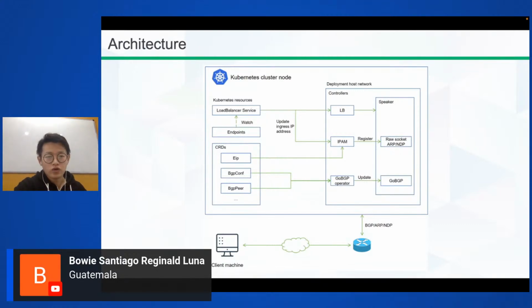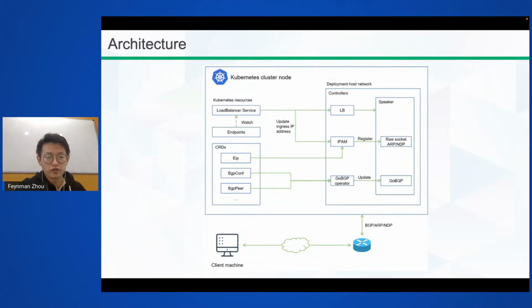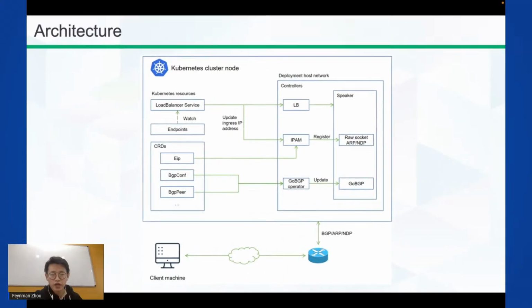Right now we can focus on the OpenELB architecture. As we mentioned earlier, all of those components are written as custom resource definitions. That means you have EIP, BGPConf, and BGPPeer inside the OpenELB components.